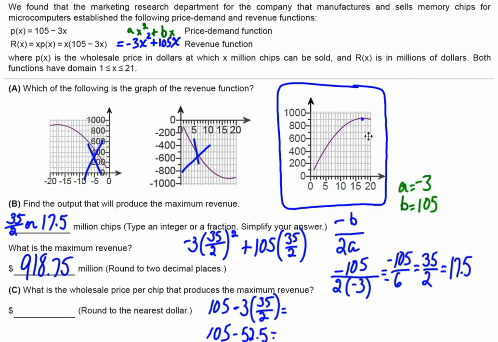Some of you may notice that that is about half of that, isn't it? Because the answer is 52.5. But it says to the nearest dollar, so to the nearest dollar would be 53.